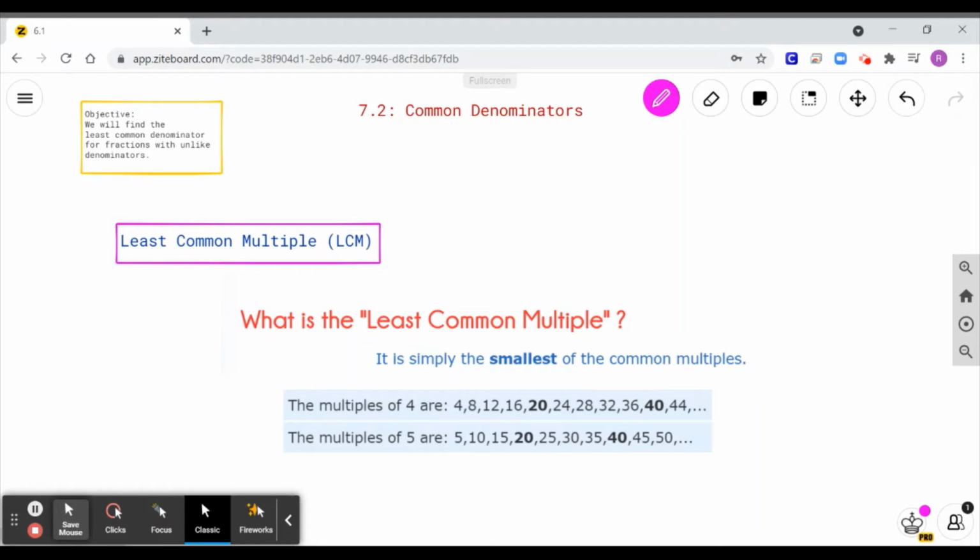The least common multiple is going to be the smallest of them. So 20 is the smallest common multiple in each of their lines. So that is going to be what our least common multiple is. Our least common multiple of 4 and 5 is 20.